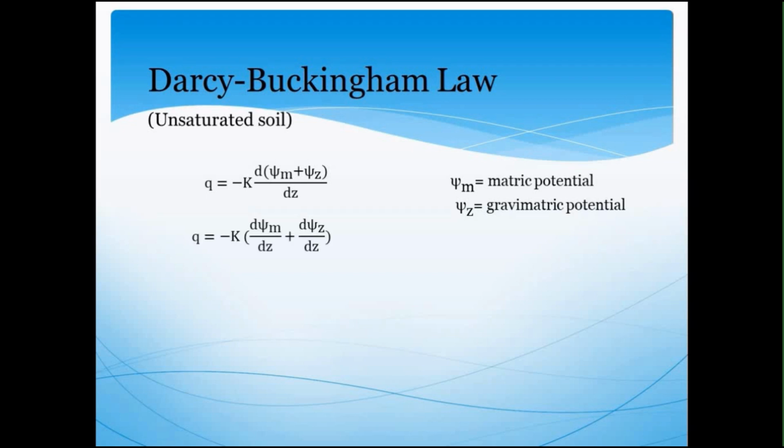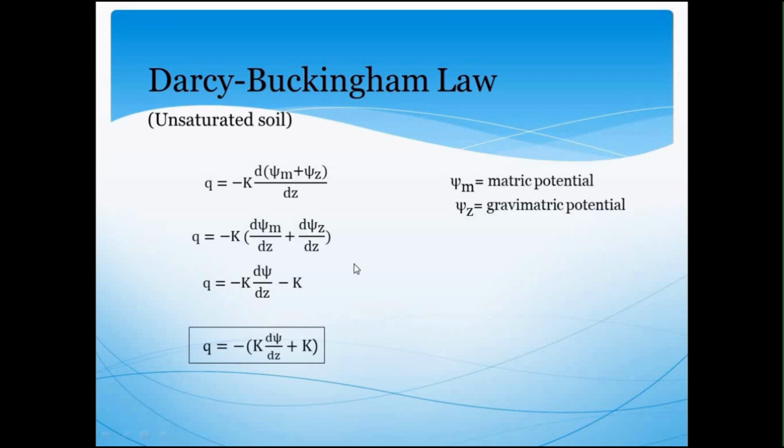Simplifying this, we have Q equals hydraulic conductivity times the derivative of matric potential with respect to space plus the derivative of gravimetric potential with respect to space. Now this one will be equal to 1, and distributing the hydraulic conductivity, we get this.